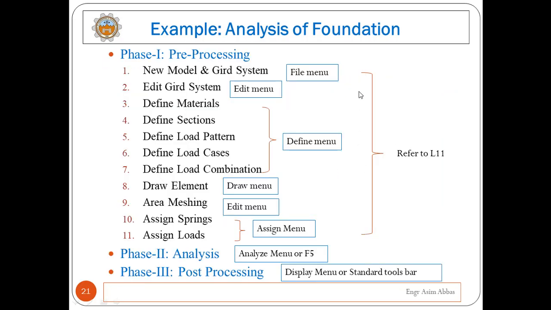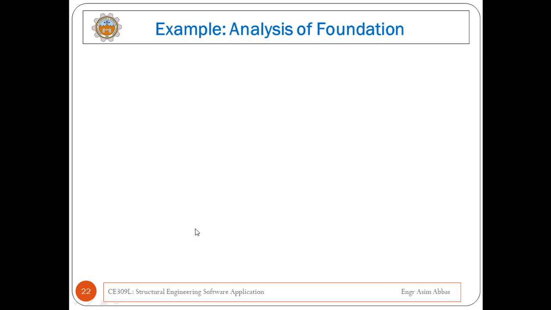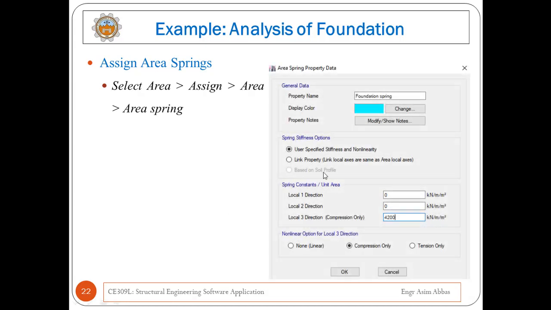Okay, the following steps will be adopted for analysis of foundation in ETABS. For all steps, kindly refer to lecture 11. So I will discuss only how to assign springs in ETABS. For that, select the area, then go to Assign, then Area, then choose Area Spring. So this window will appear.